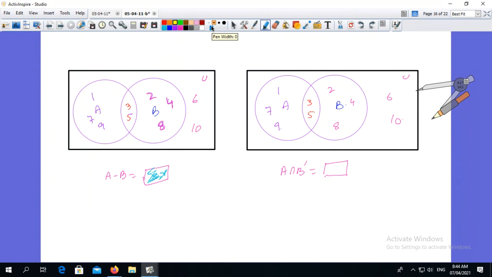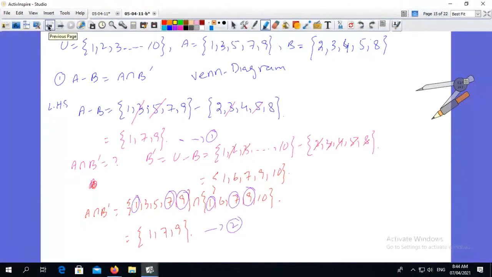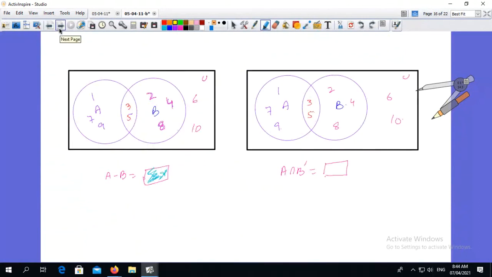So if I see, the answer of A minus B is 1, 7, 9, and here 1, 7, 9 consists of this. I change the color to yellow and shade it with yellow, or any color you want.